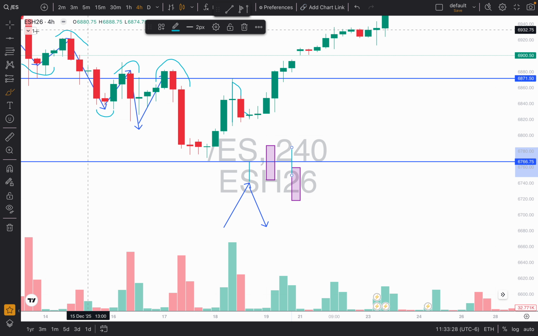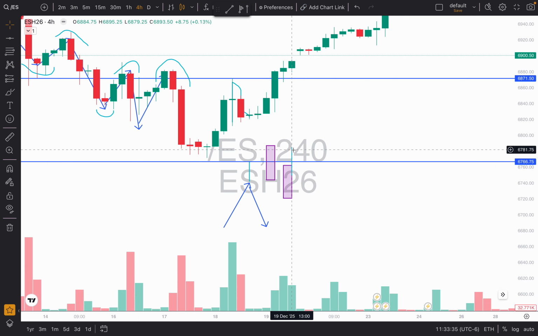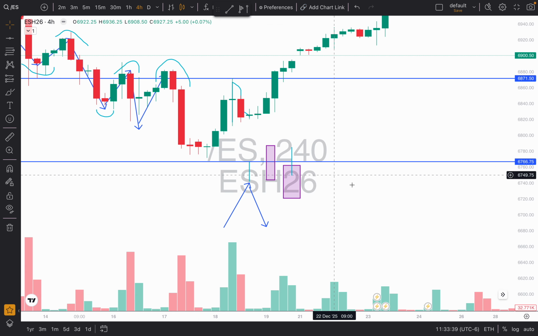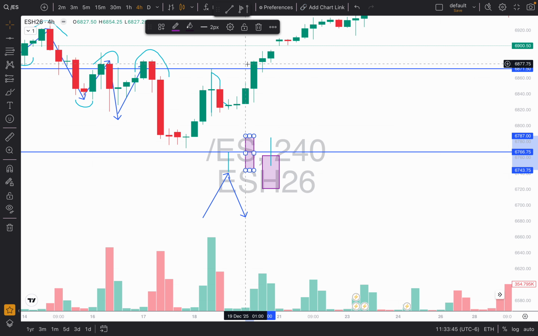It leaves a wick like this. Instead of closing above this point, how this candle did, it just leaves a wick.